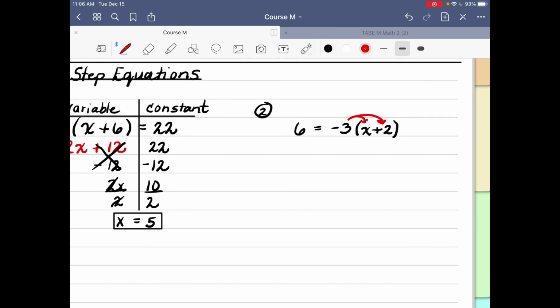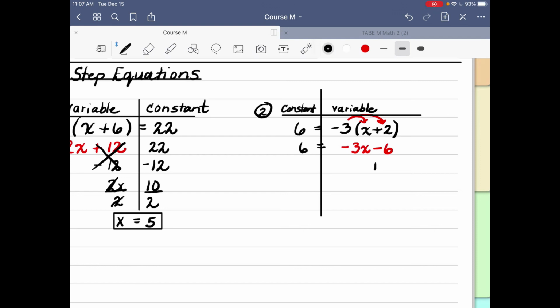The -3 times x is -3x, and then -3 times +2 is -6. Go ahead and copy what's left, and I'll put my power T in there. I was doing my arrows first. So this time the constant is on the left, and the variable is on the right.